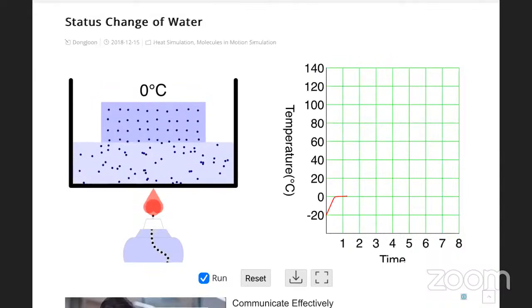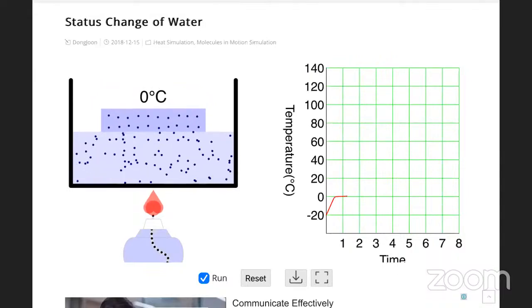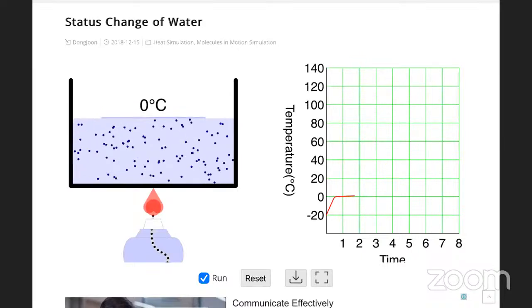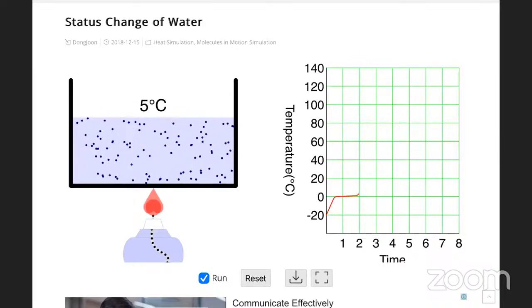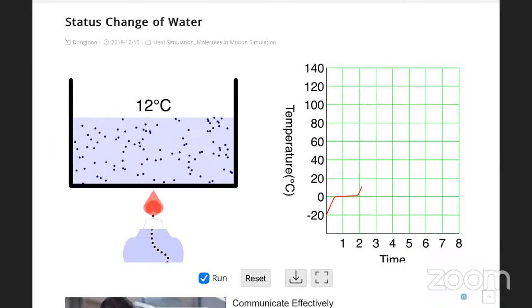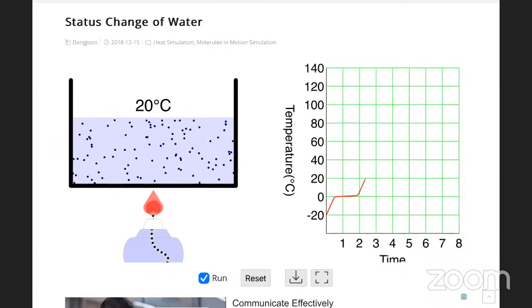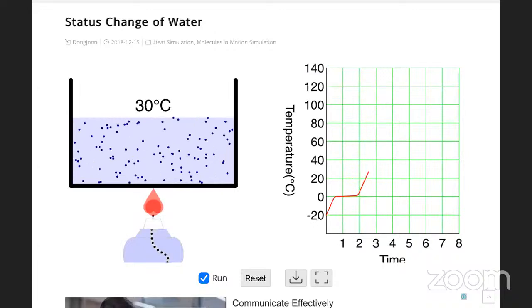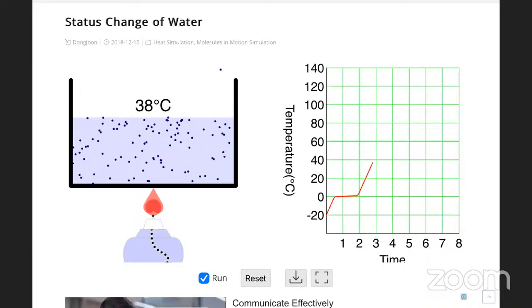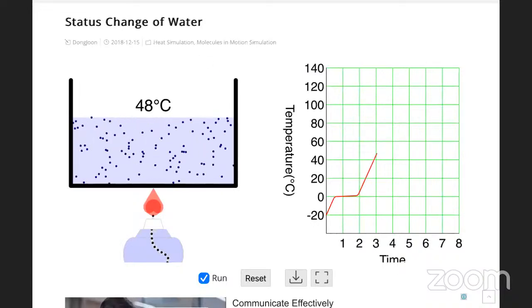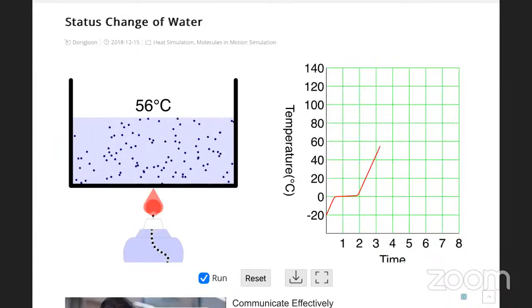What's staying constant? Temperature is staying constant, and what happened to the ice? It melted. You recognize that? And when it fully melted, then it underwent a temperature change.